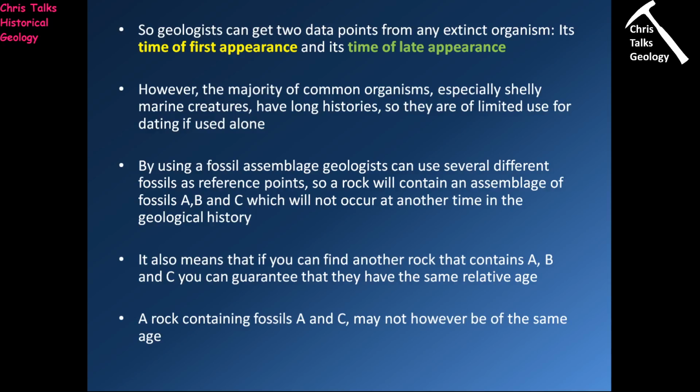And typically, the shorter the period of time during which a fossil existed, the better it is for dating rocks and correlating between rocks. So using a fossil assemblage, which means using more than one fossil, makes our lives a little bit easier. So we can use several different fossils as a reference point simultaneously. So this means that if we have an assemblage of fossils A, B and C, well, there's only a very limited portion of geologic time during which fossils A, B and C could possibly have coexisted together.